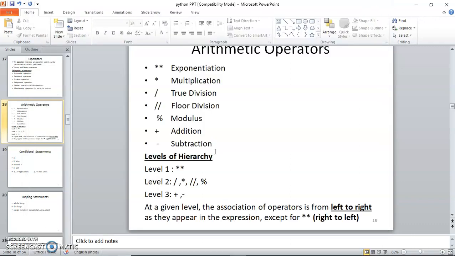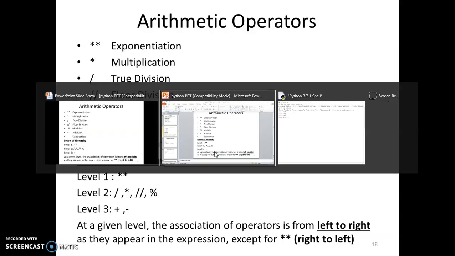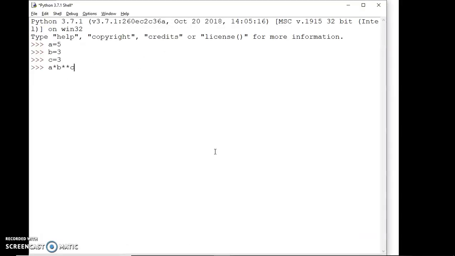For that you can refer to this hierarchy, and obviously double star must be performed before star. So B double star C would be 3 raised to power 3, that is 27, and then 5 into 27, I beg your pardon. So that is 135.